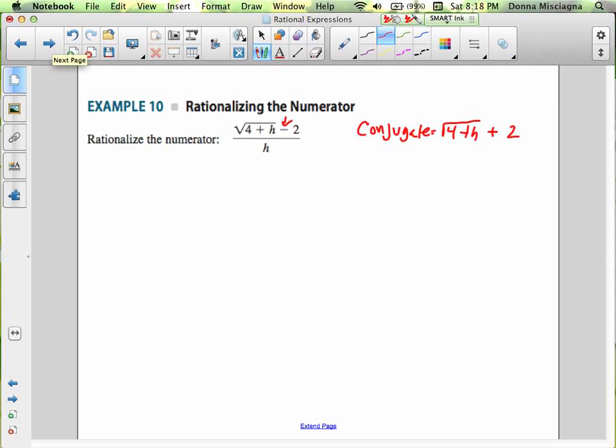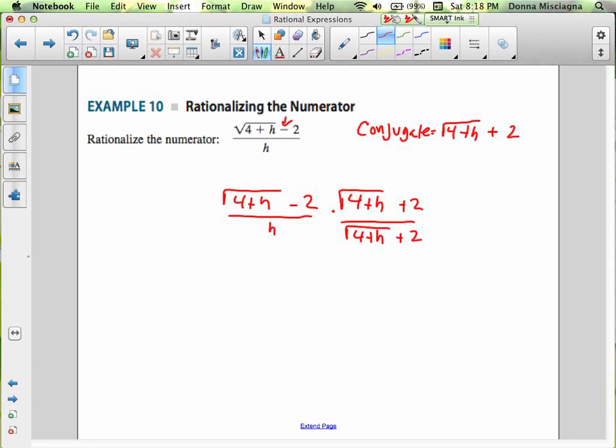Let me write it down: the square root of 4 plus h minus 2, divided by h. We're going to multiply the numerator by the square root of 4 plus h plus 2, and we're going to multiply the denominator by the square root of 4 plus h plus 2.